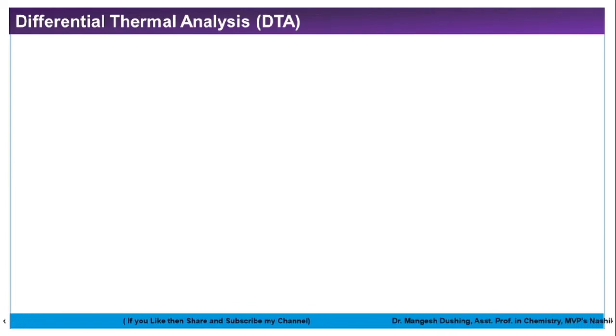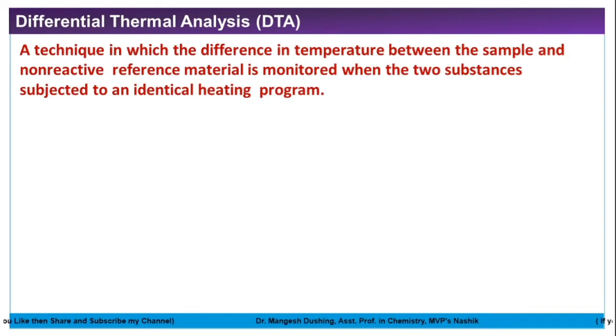Friends, now we will learn about differential thermal analysis, that is DTA, a technique in which the difference in temperature between the sample and a non-reactive reference material is monitored when the two substances are subjected to an identical heating program.